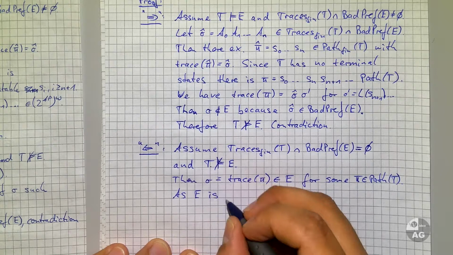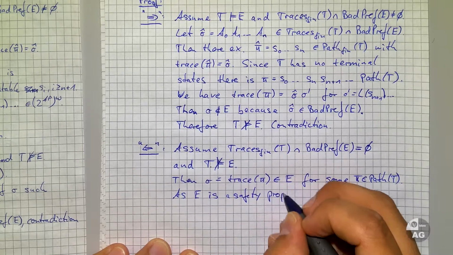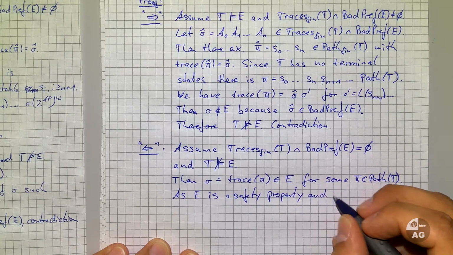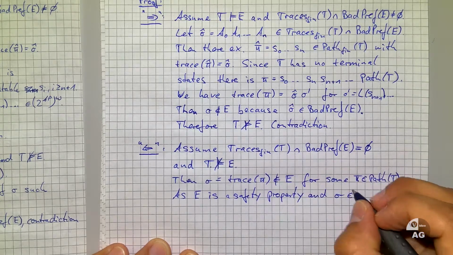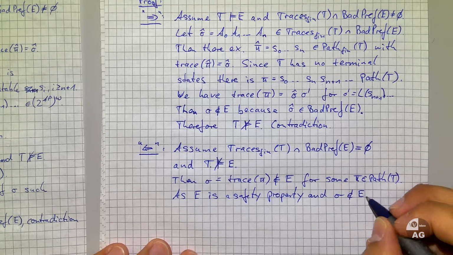Then we know that E is a safety property, and we have that sigma is not in the linear time property.